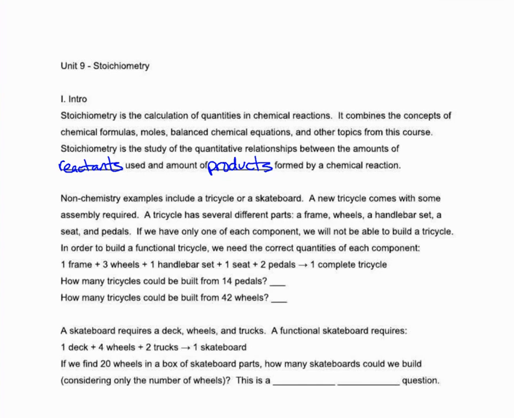I'm going to start with some non-chemistry examples. And so a couple non-chemistry examples would be a tricycle or a skateboard. A new tricycle comes with some assembly required, and it has a lot of parts. Every part is pretty important to the function of this particular tricycle.